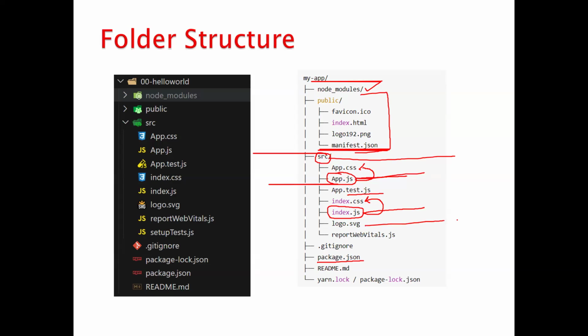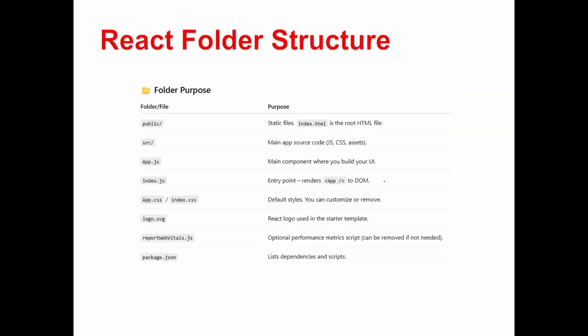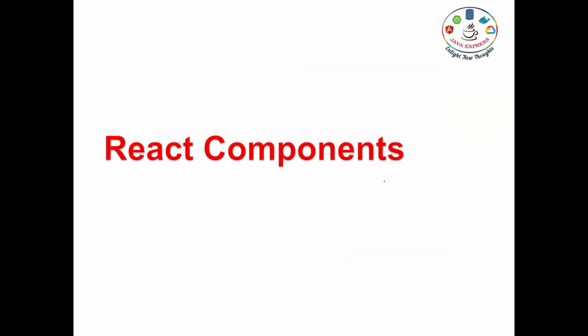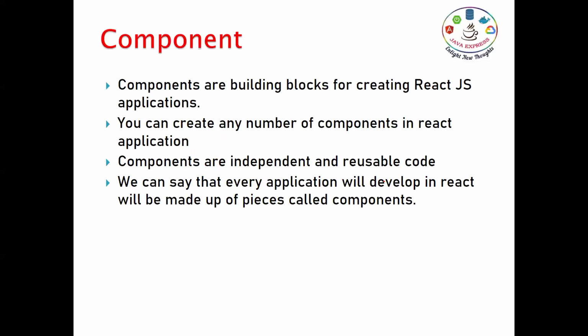This is again an SVG image, the logo image here. Overall, two components are available here. Now, before going to App.js or index.js, I want to discuss one point called the React component. What is a component? Then I will discuss App.js and index.js for you.